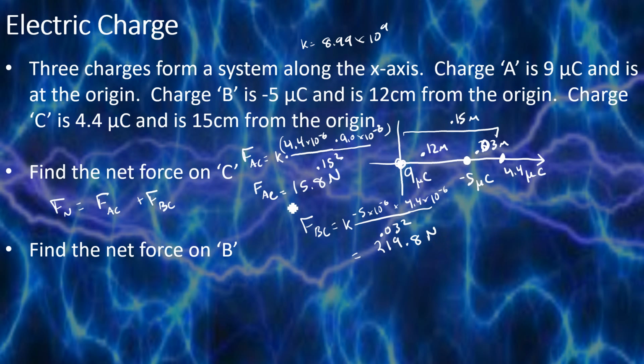Okay, so now we're going to want to be careful here. This one up here, AC, these are the same type of charge. They're both positive, so this is going to be a repulsive force. And this right here, between these two, those are opposite, so this is going to be an attractive force.